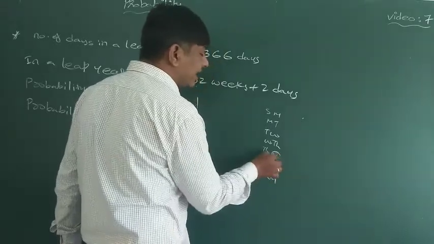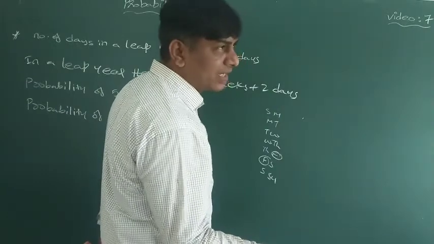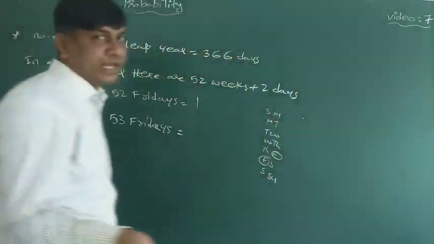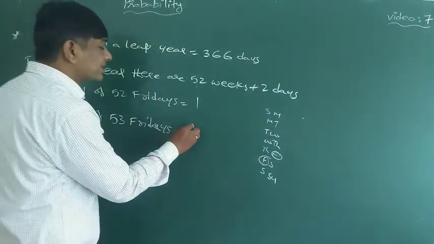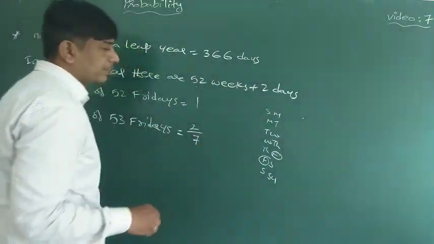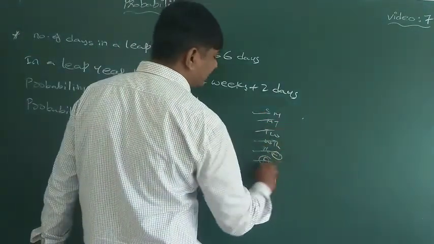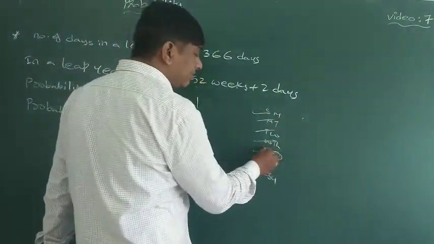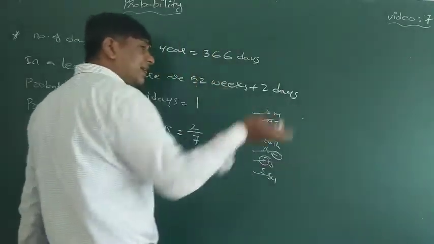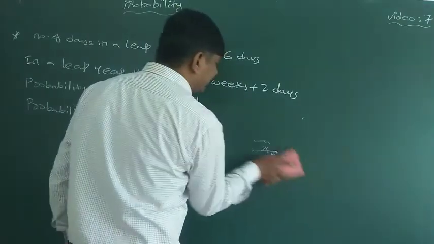Fridays appear in the Thursday-Friday combination or the Friday-Saturday combination. Out of 7 combinations, 1, 2, 3, 4, 5, 6, 7, there are 2 chances. So 2 by 7.